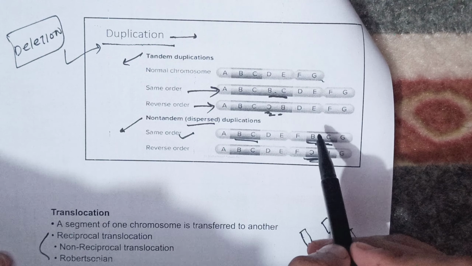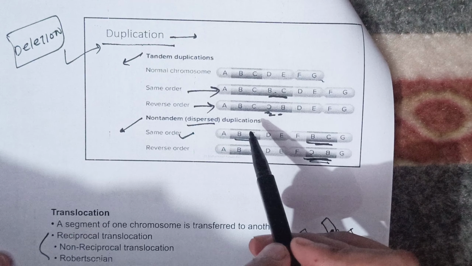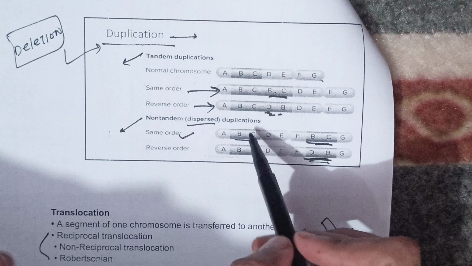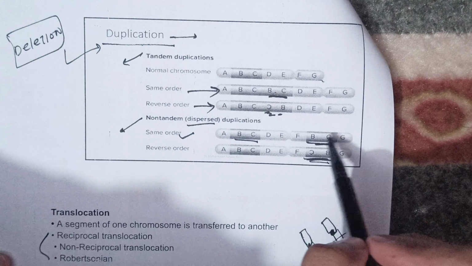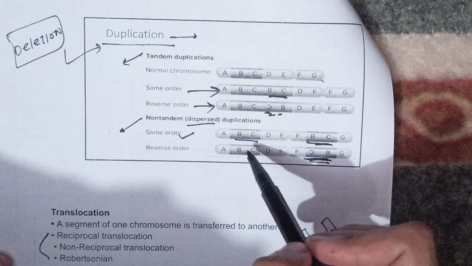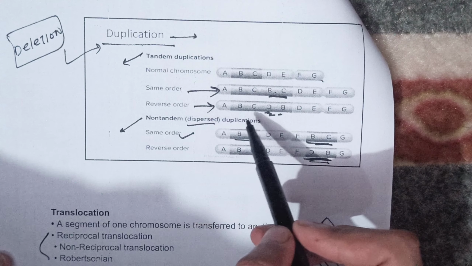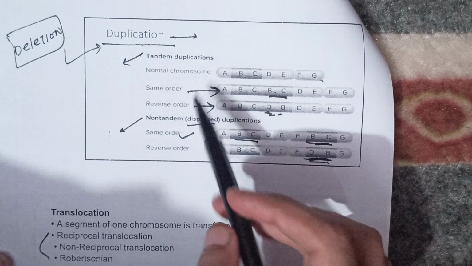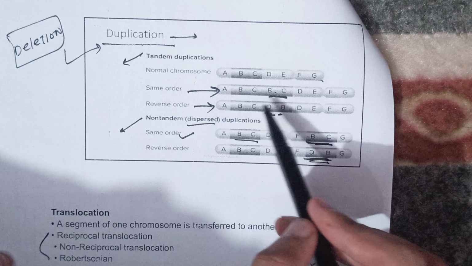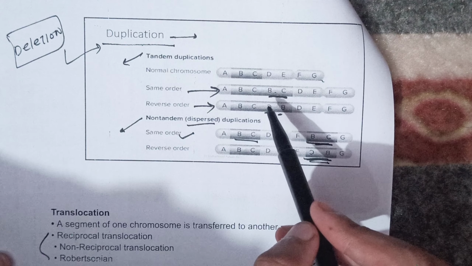If the extra segment is added dispersed away from the previous normal segment, this is called non-tandem or dispersed duplication. Tandem duplication means the segment is added adjacent to the previously present normal segment.